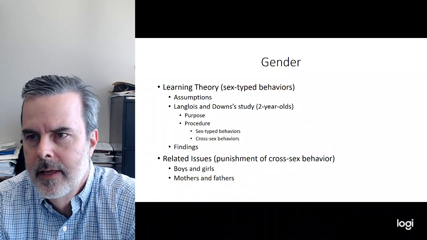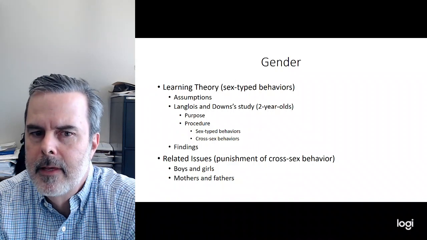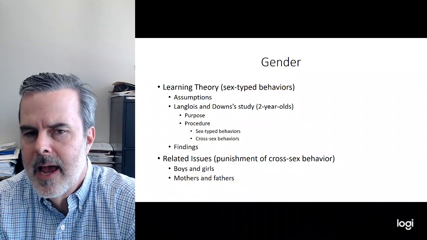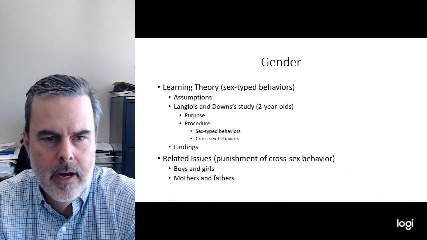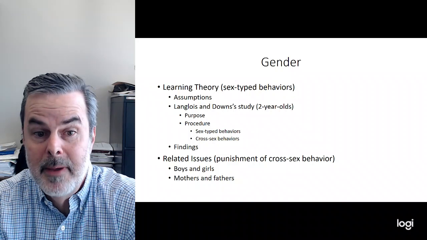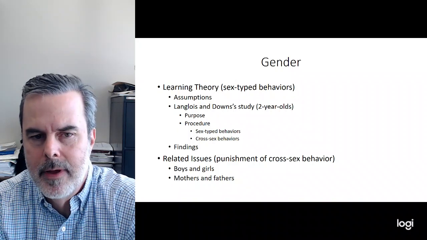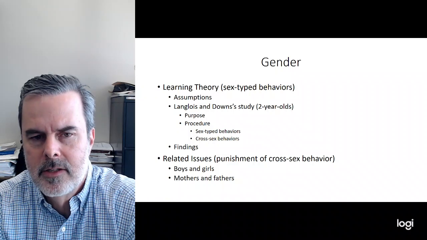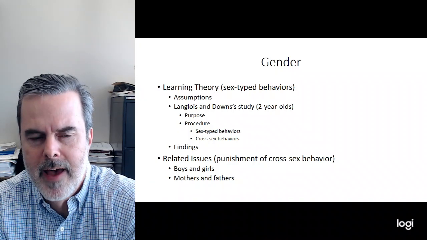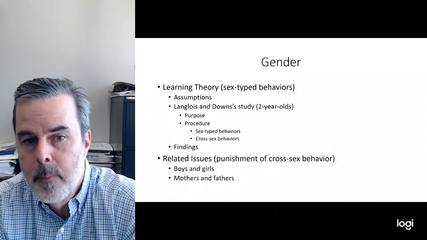And these sex-type behaviors are based, again, on expectations, which may be incorrect, about what men and women can do and should do, and therefore these expectations are based on stereotypes, which are beliefs and expectations about an individual or a group of individuals.